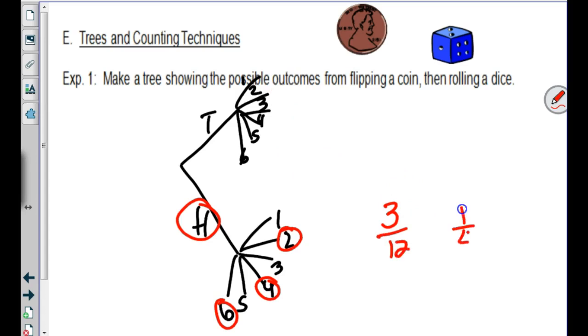So you'd get 1/4. You could have just said, what's the chance that I flip a head? And what's the chance that I roll an even number? So you get this answer, okay? Because those are independent events.